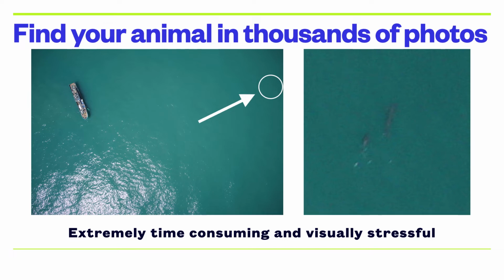And this is one photo. Now times this times 13,000 for this project. So it's extremely time consuming and visually stressful if you manually review all these photos. So naturally we want to find a way to help, and that's why we got the idea of using AI to help us auto detect.